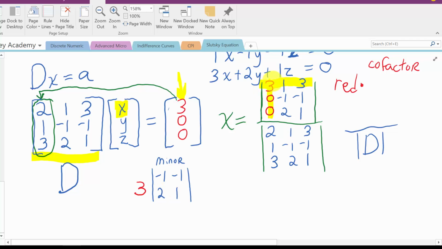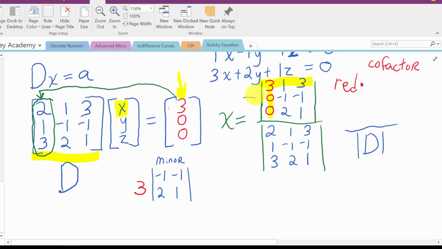Another way that we could represent this minor is, since the number 3 is in the first row and the first column, we could call this minor by this name, D. So it's the matrix D11.